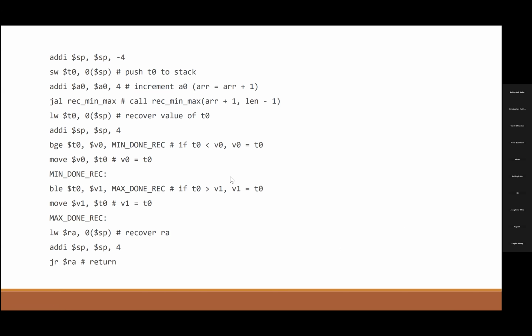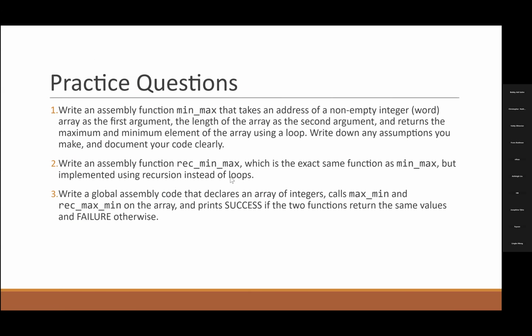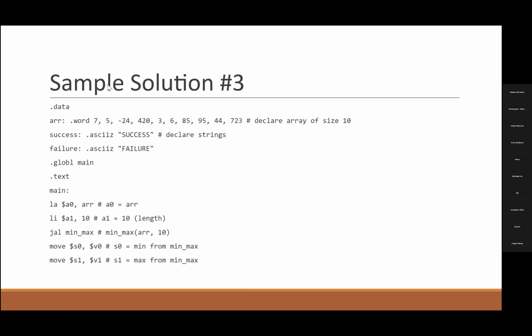So the next question is to write an assembly code that compares the two return values of min max and recursive min max. I'll just go right into the assembly here. So first, here we declare the array, success and failure variables.